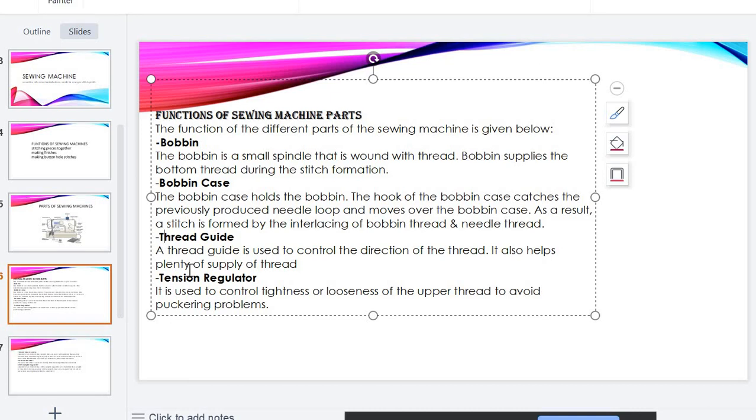It also helps supply plenty of thread. Yes. Then we have a tension regulator. It is used to control the tightness or looseness of the upper thread to avoid puckering problems. You have to confirm that it's talking about the upper thread, not the lower thread.